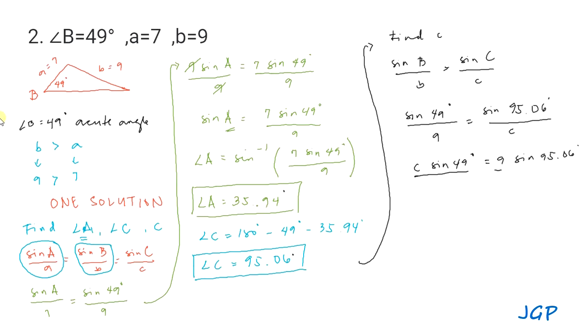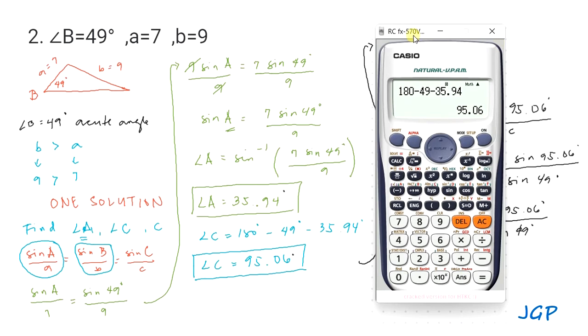Mag-cross multiply tayo, and that is C sine 49 degrees is equal to 9 sine 95.06 degrees. And to find the value of C, divide both sides by sine 49 degrees. So, ayan, cancel na siya. Your C now is equal to 9 times sine 95.06 degrees over sine 49 degrees. And we have now C is equal to, let's use our calculator.